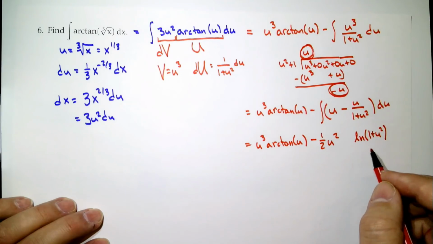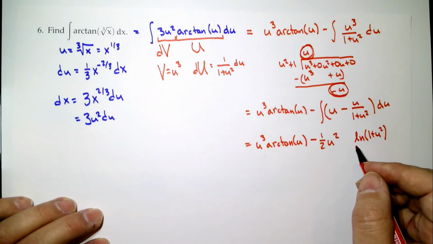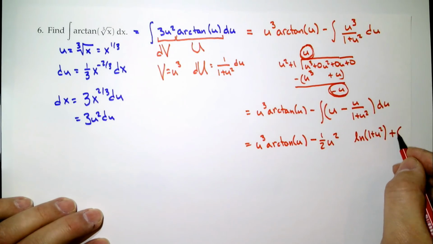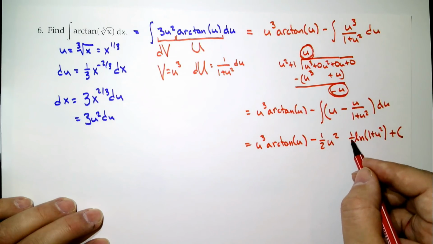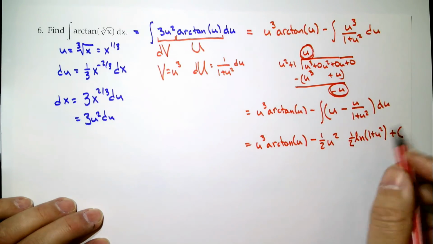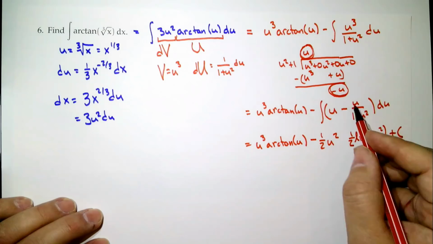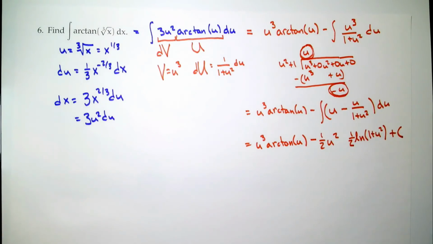Is there anything else that I forgot to put in here? I forgot the c, but I think there's something else. 1/2, as people have been whispering. Why the 1/2? Well, because really, if you think about it, to get a log, you want the derivative of the bottom to be in the top. The derivative of 1 plus u squared is 2u, but I only have u.